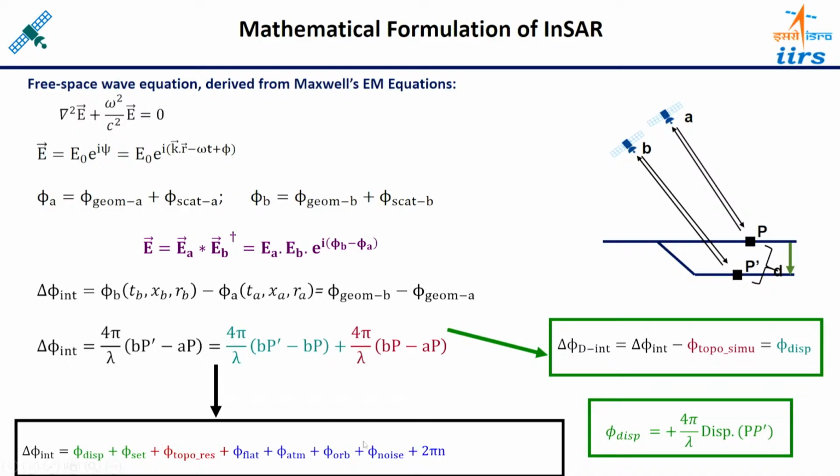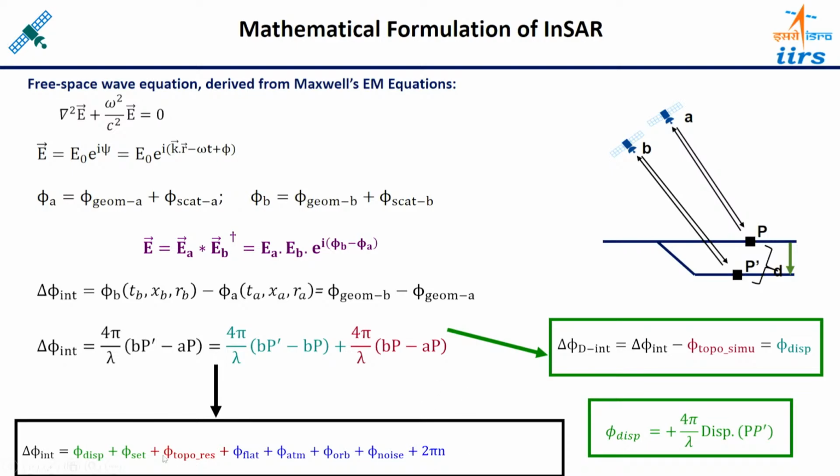So this equation is very important. The point is, if you are interested in the deformation analysis, it means you are interested in the phi displacement, and the other phase components are not required for you. Those components are unwanted, or you can say those phase components are non-deforming phase components.